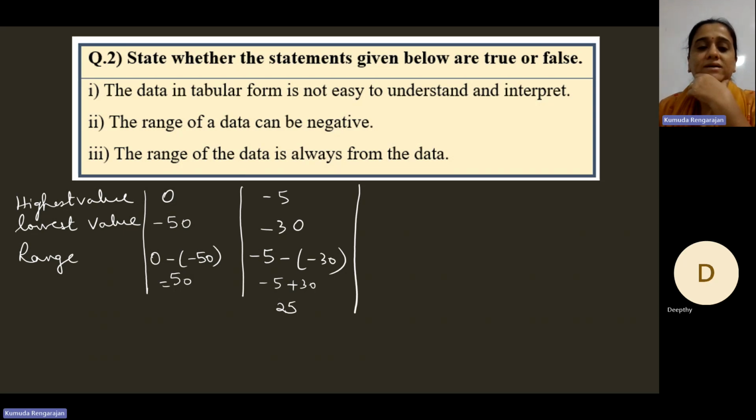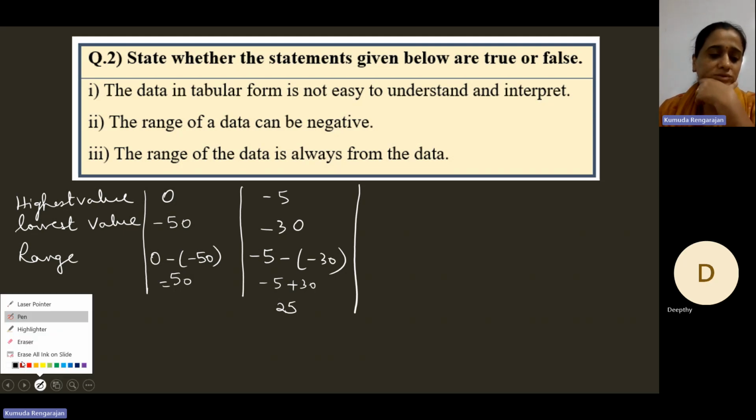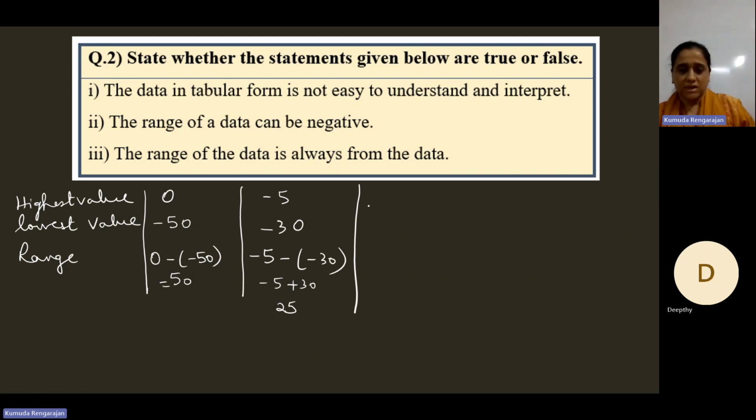The range of a data can be negative. True or false? False. It can't be negative. Give me an example. Take another value, say 10 here, and lowest value minus 5.